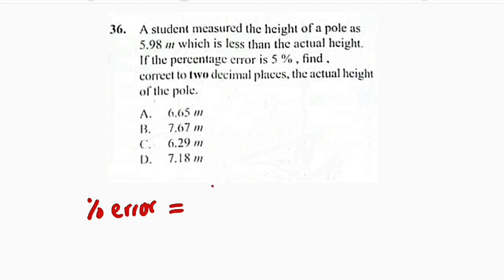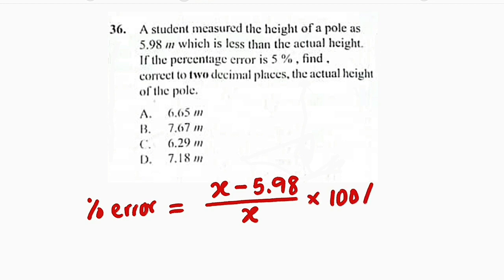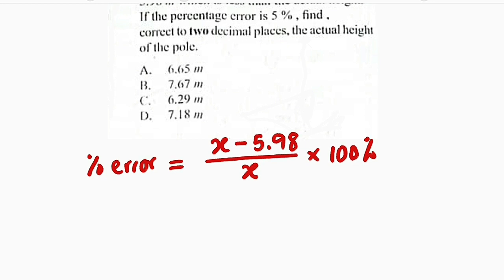So we can say that X minus 5.98, this is the absolute measure because we want it positive, divided by the actual measure, which is still X, multiplied by 100%. Oh, I should have written this one directly, but no problem, which is 5%, right? So this is 5%.